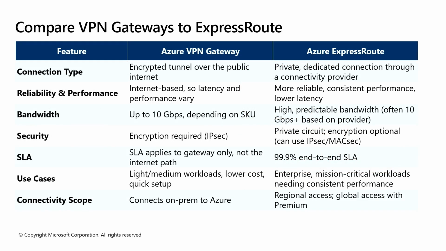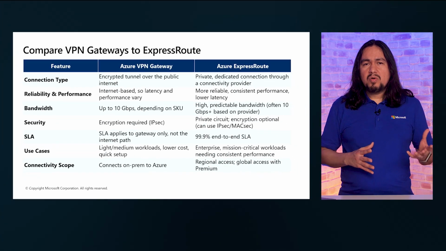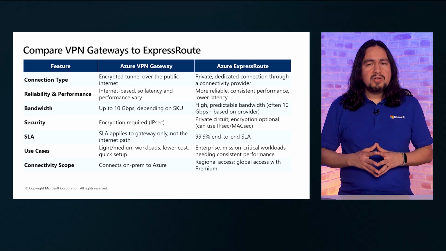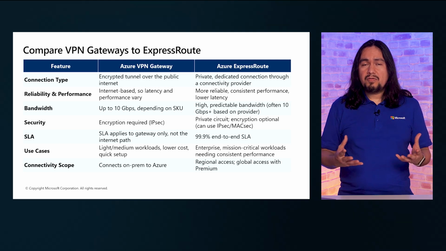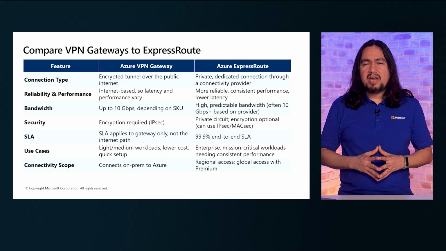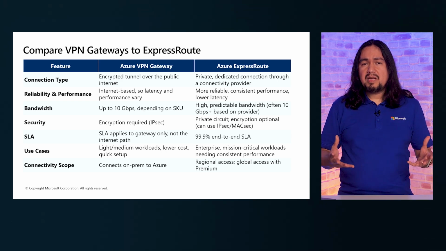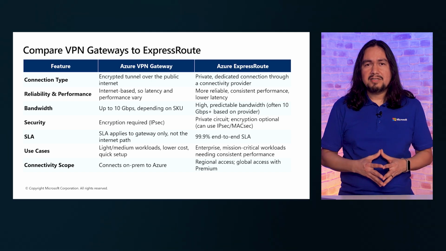In a previous video, we learned about Azure VPN Gateway. And now you're maybe thinking about which one is the best solution for your company. So you need to take into consideration the different features that they offer to do the right thing. For example, the connection type. In the VPN gateway, everything goes through the internet, secure, yes, but nevertheless, the internet.